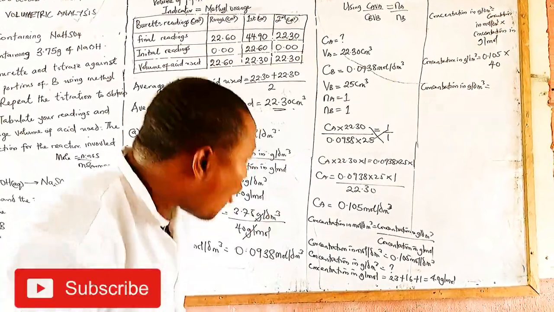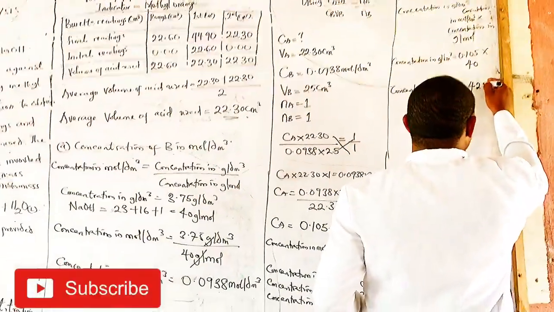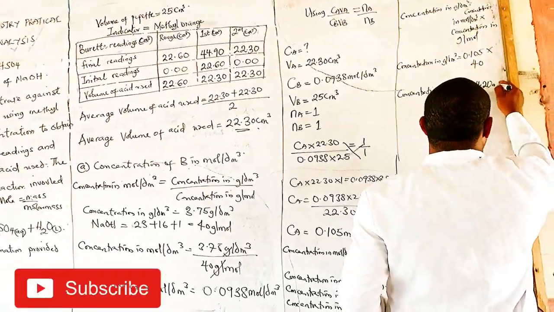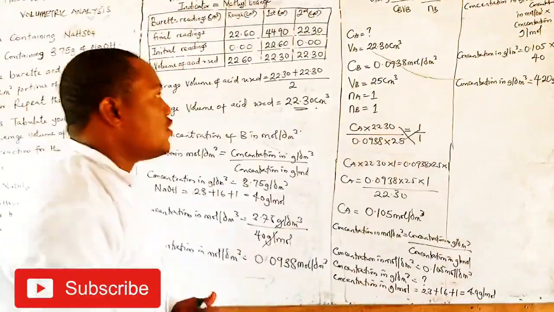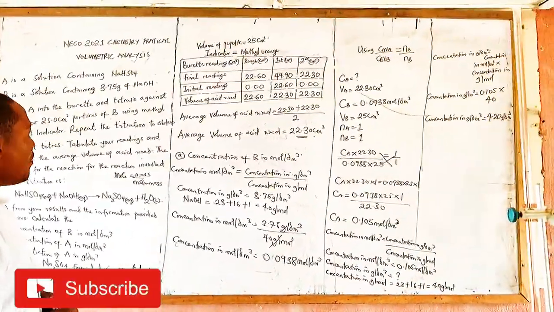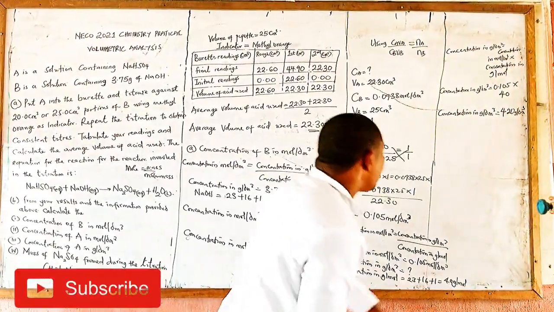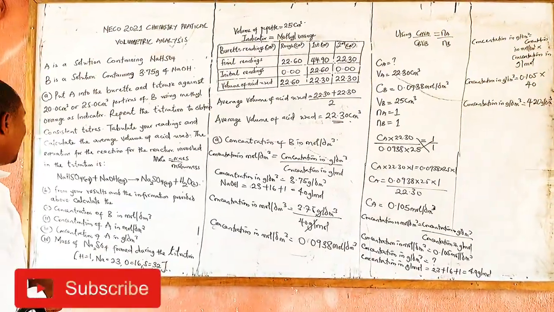Then we have 4.20 gram per dm cube. I hope you are following. 4.20 gram per dm cube.